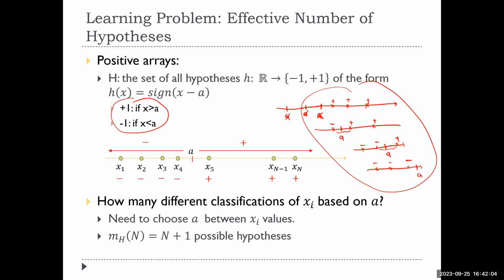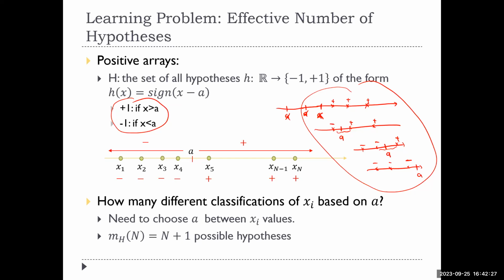If I have n data points, what will be the number of hypotheses I can get? For 3 it's 4, so it's going to be n plus 1. Because you can pick between the numbers, each number, here, here, here, any place between the numbers.